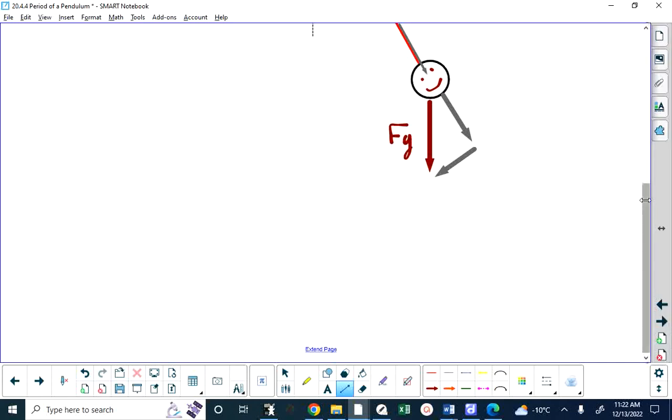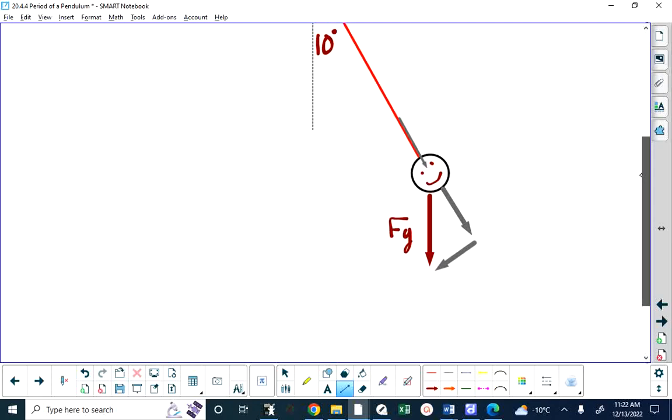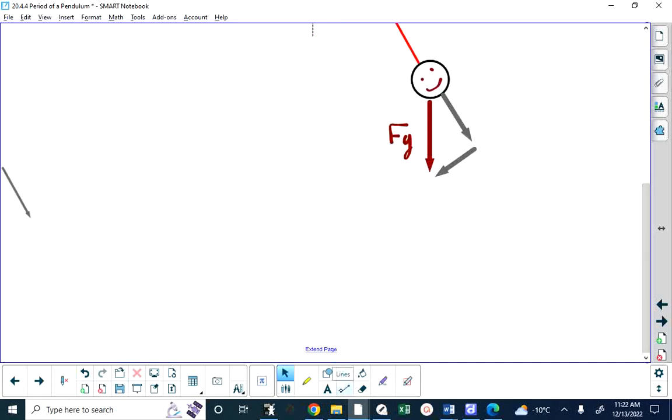In fact, let me just clean this up a little bit. In fact, it's exactly like a ramp in terms of motion, because if this was a ball, everybody, and it were on a ramp, and I don't think you want to draw this, but it were on a ramp, and it was rolling down the ramp, then there would be a perpendicular component to the force and a parallel component to the force. Well, the ball is not going to travel in that direction. The bob is going to change direction.